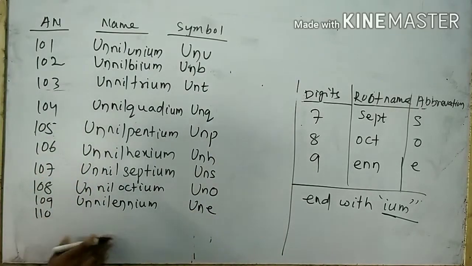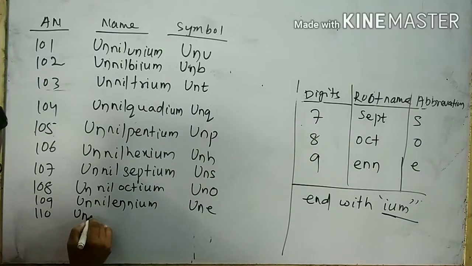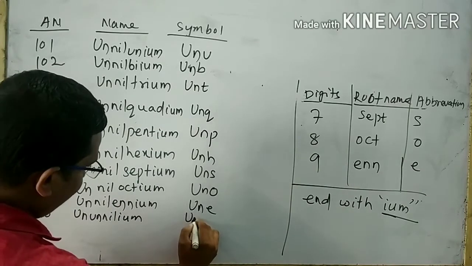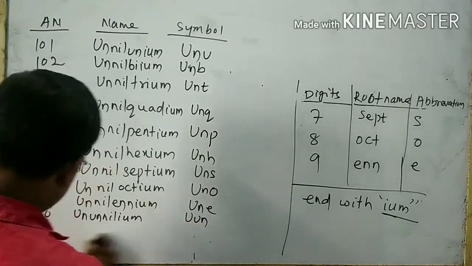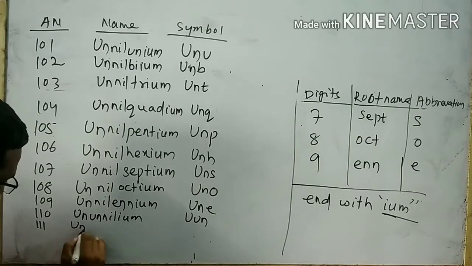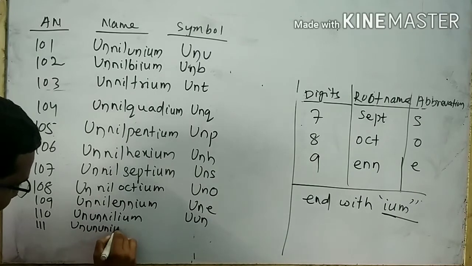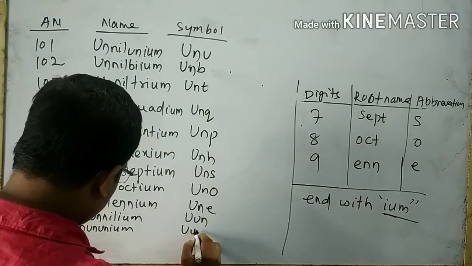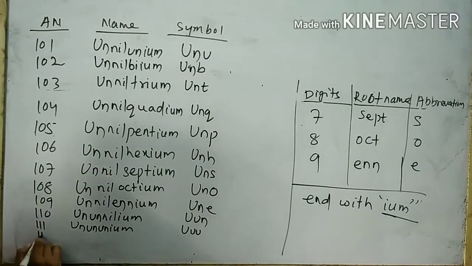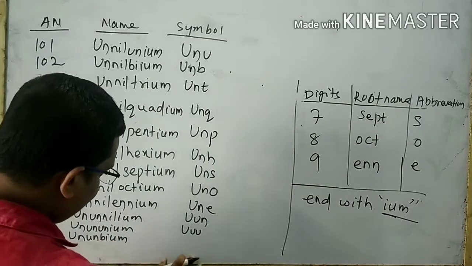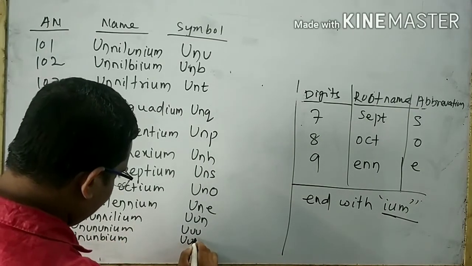For 110, un un nil, IUM, and the symbol is UUN. For 111 we can write un un un, IUM, and the symbol is UUU. For 112 we can write un un bi, IUM, and the symbol is UUB.